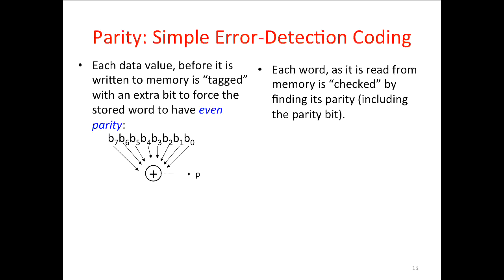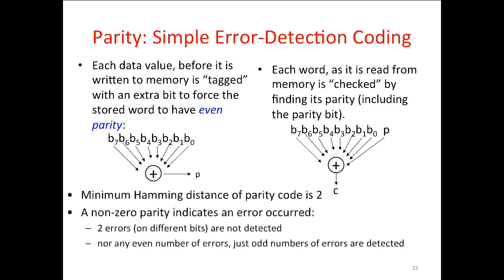Then you decide what the new code bit should be to make the whole word have a parity of 0 or 1. Then when you read back these other bits, including the parity bit, you check to see if it matches the way you set it. And if it did, you know that there was no error there, right?